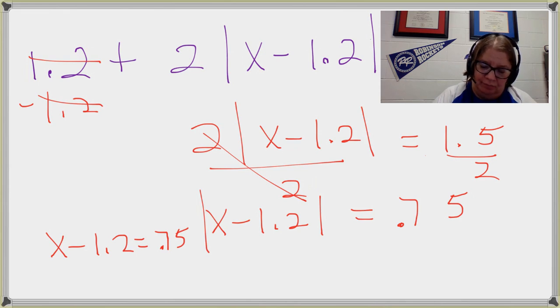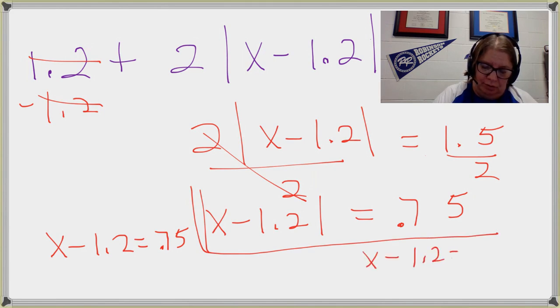I'm running out of room. And x minus 1.2 equals negative 0.75. Add 1.2. So this side's going to be 1.95.